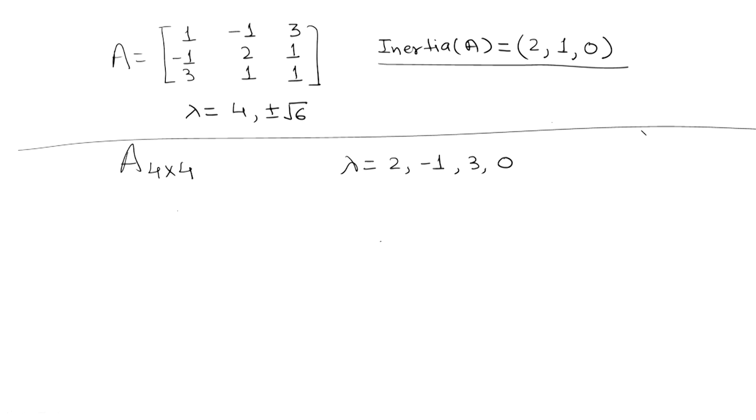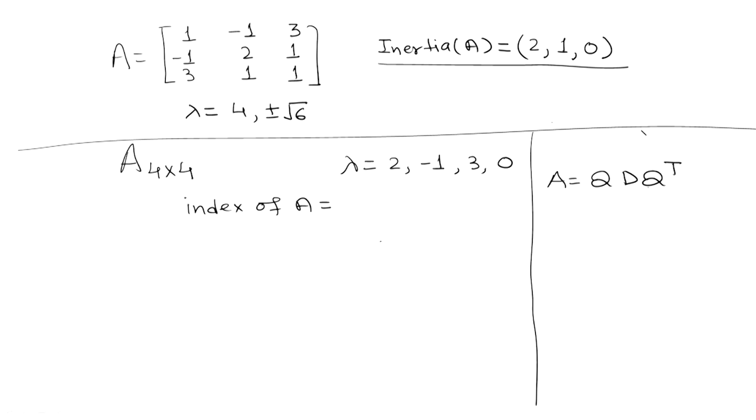Then the index of A is the number of positive eigenvalues, or the number of positive entries in the diagonal representation of A. Since A is symmetric, I can always write A equals Q D Q transpose, with D having entries 2, minus 1, 3, 0.